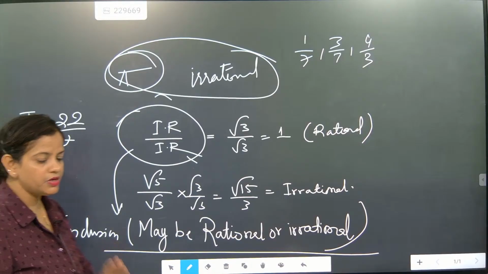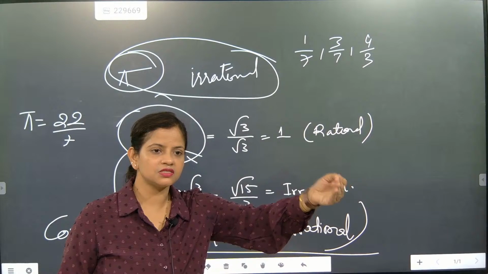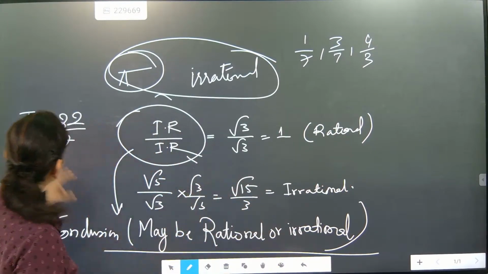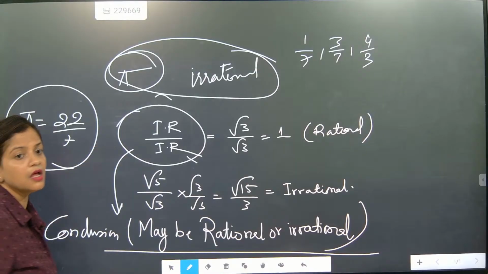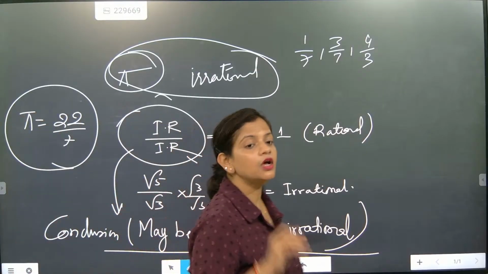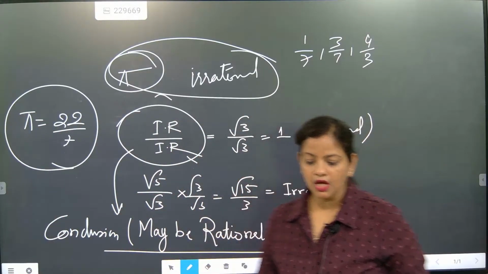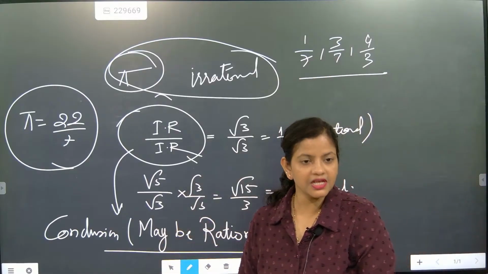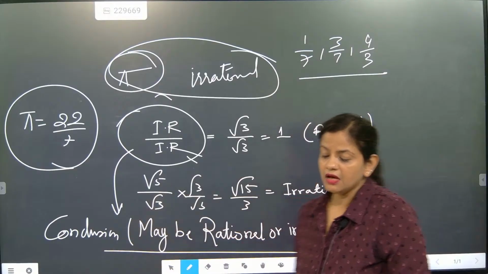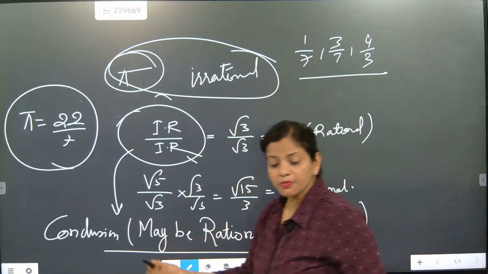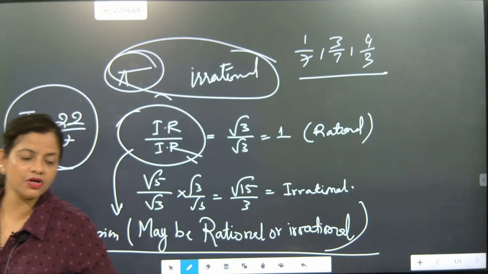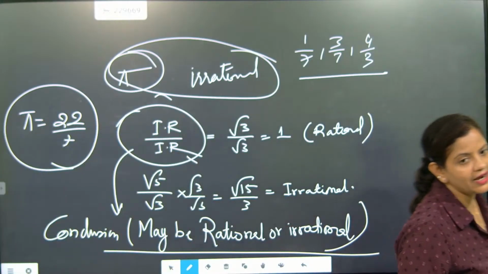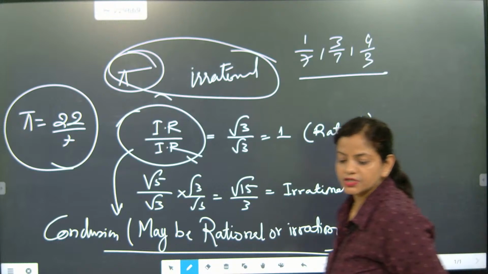After 50,000 digits, some digits are repeating. Because of that also, we can say that pi is irrational, because it is non-terminating, non-repeating. These numbers are non-terminating but repeating. But this number is non-terminating and non-repeating, because exact 22/7 does not come as an exact terminating or repeating value. I hope you understood till here.